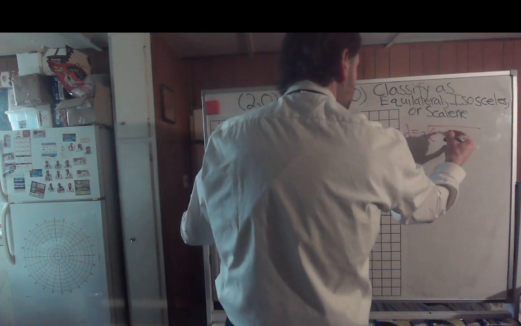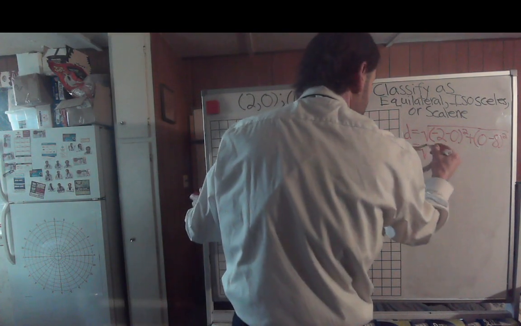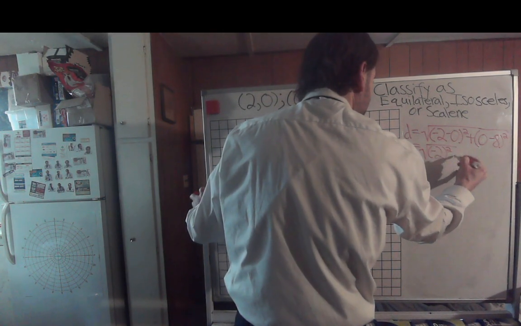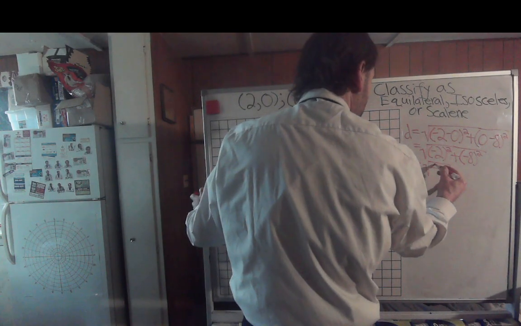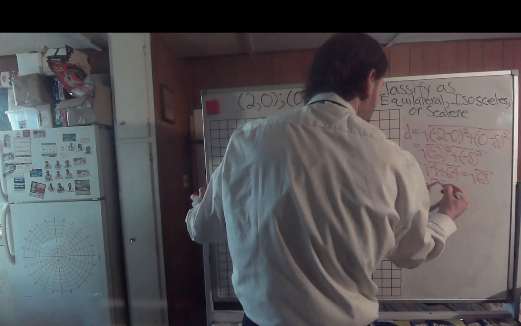So let's take the negative 2, that x2 coordinate, minus our x1 of 0 squared, plus our y2 of 0 minus the 8 squared, which is going to then equal the square root of negative 2 squared plus negative 8 squared, which would equal the square root of 4 plus 64, which would equal the square root of 68, which breaks down into the square root of 4 times 17, which would give you a distance of 2 times the square root of 17.